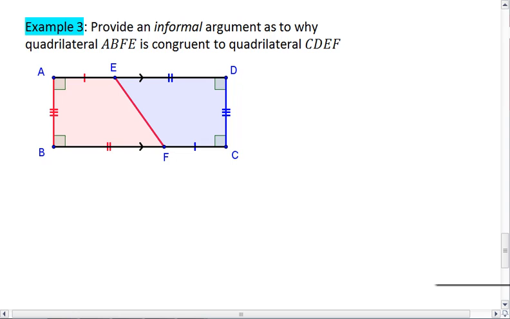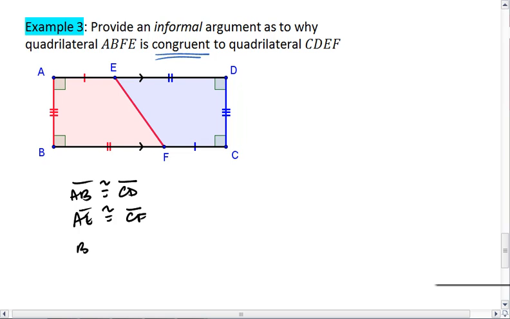So remember, to prove congruent shapes, I want to show that all the sides, all the corresponding parts, both sides and angles, are congruent. Well, I can see that sides are congruent. We have AB congruent to CD. We have AE congruent to CF.